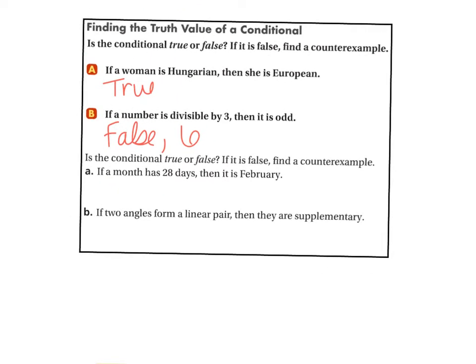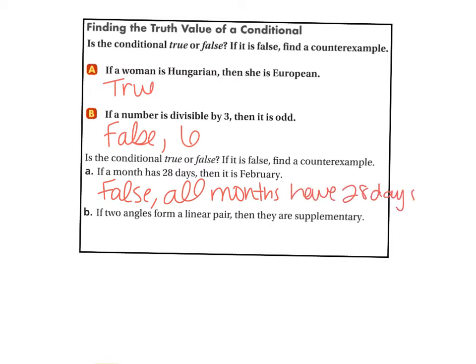Okay, is the conditional true or false? If it is false, find a counterexample. If a month has 28 days, then it is February. I would say false. All months have 28 days.